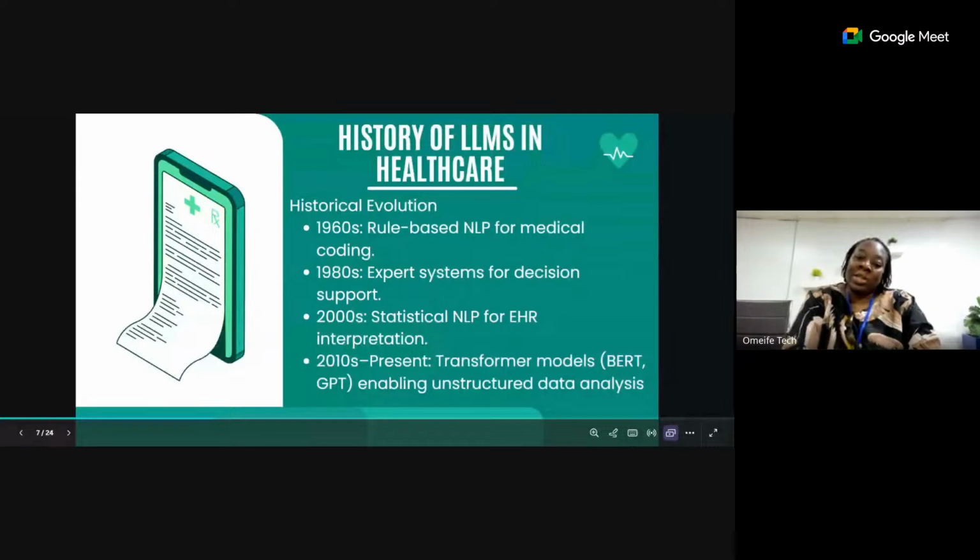They'll have the statistical NLP for EHR interpretation that was also discovered in 2000. Then from 2010 to present, we start having transformer models that enabled unstructured data analysis. So we start having better resolutions of LLMs from then on.